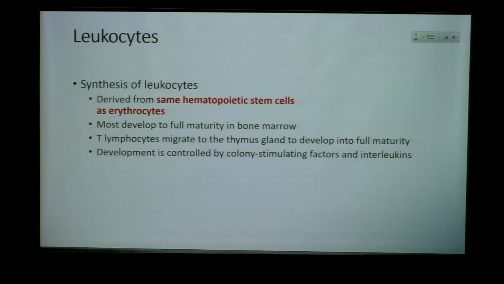Okay, so let's speak about how we actually synthesize these leukocytes. Now we know that all cells of the blood come from this one same hematopoietic precursor cell or the stem cell, so the same precursor that gives rise to erythrocytes and eventually megakaryocytes, which become platelets, also give rise to all of our leukocytes, okay? And that's a really important point to make in terms of the clinical application of leukocytes and this precursor cell.